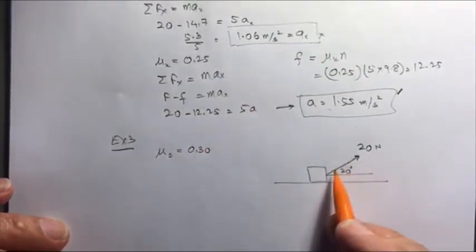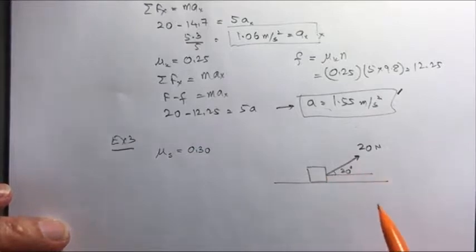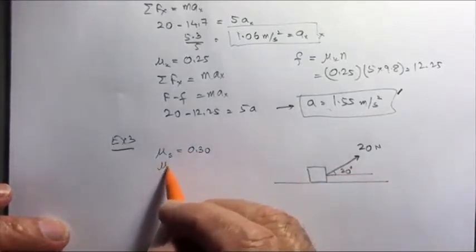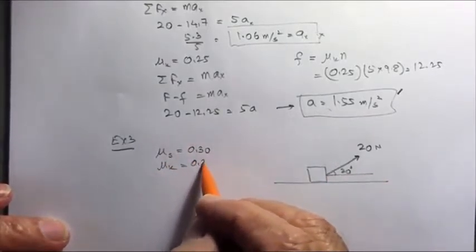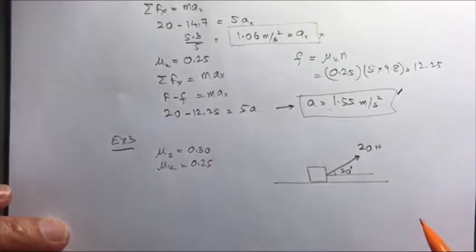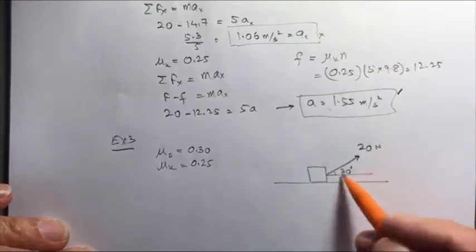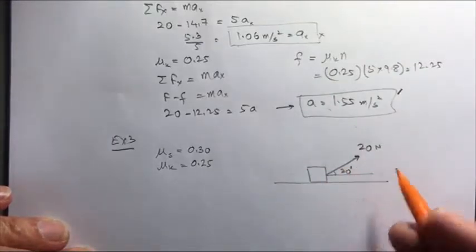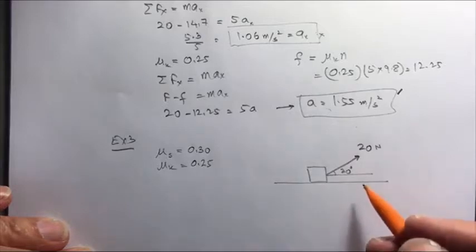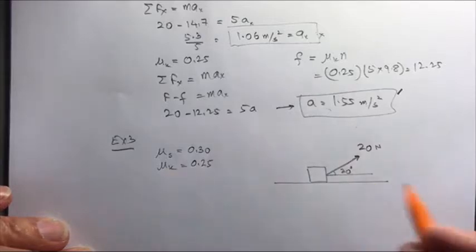So now, is this going to move to the right or not? And if it does, what will be its acceleration? We can find out whether the friction is more than the x component of the force, and then we'll know that yes, it is going to move, and then we'll use this to find the acceleration.